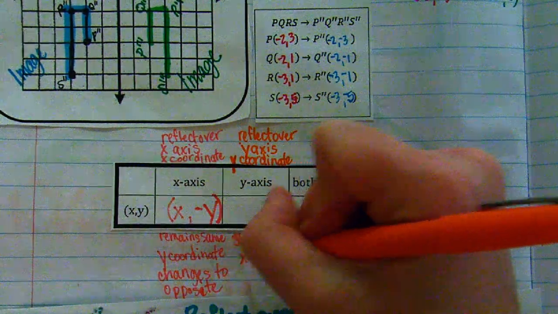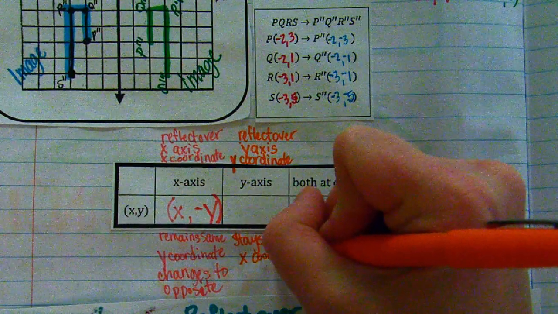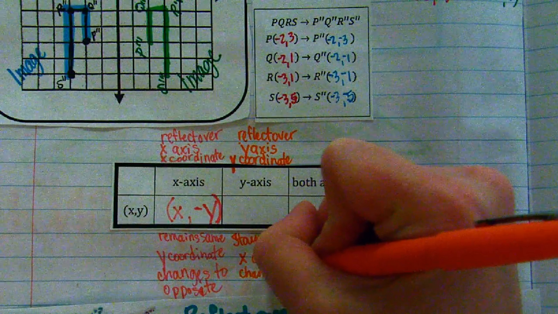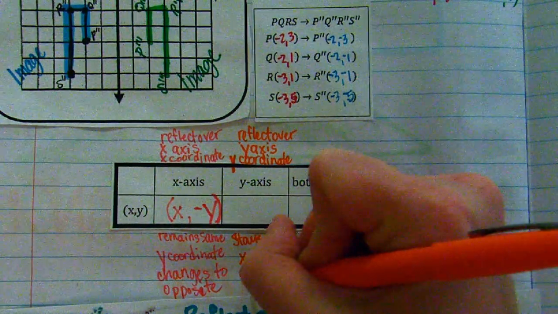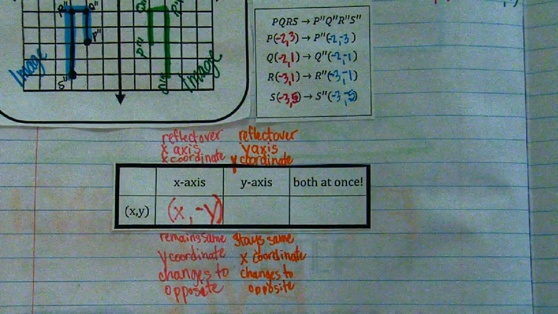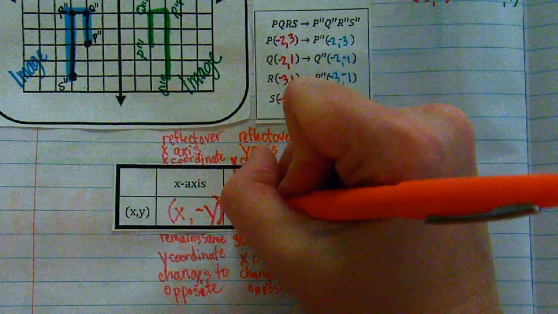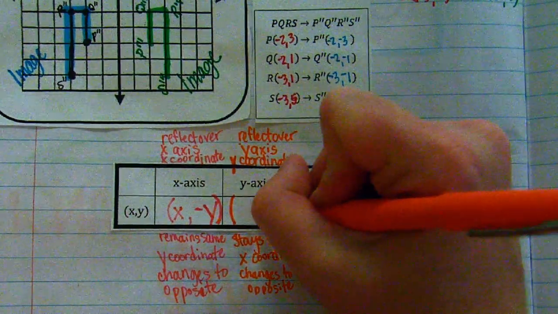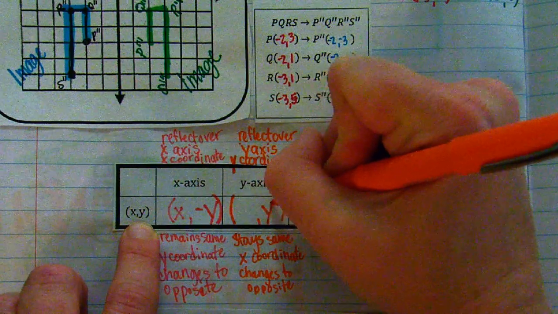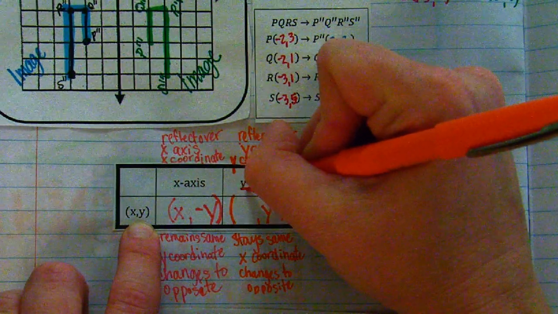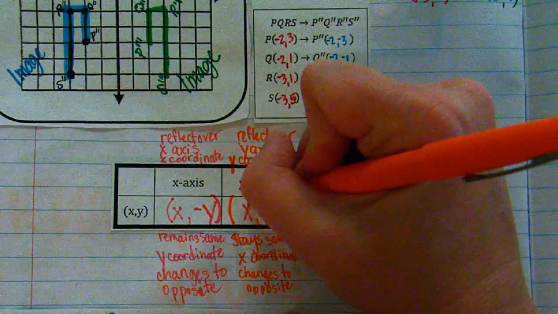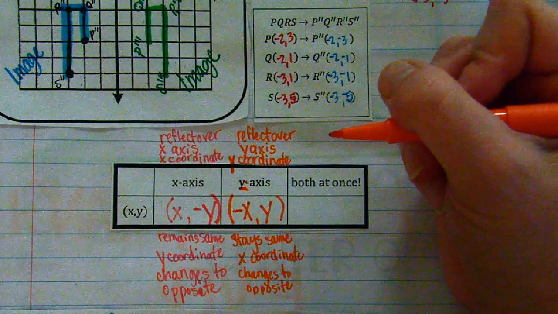And then the x-coordinate changes to its opposite. So to write that using an ordered pair, the y stays the same. So if it starts off as whatever it is, the y-coordinate will stay the same when we reflect over the y-axis. And the x changes to its opposite. So we'll write the opposite of x and then y.